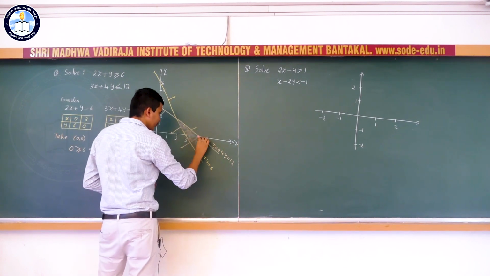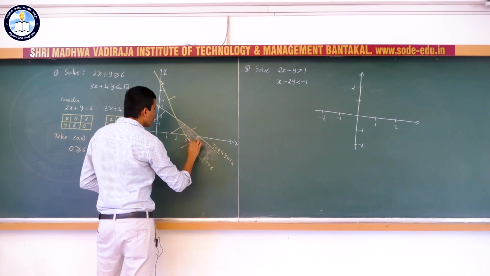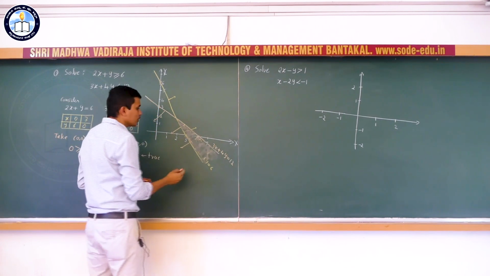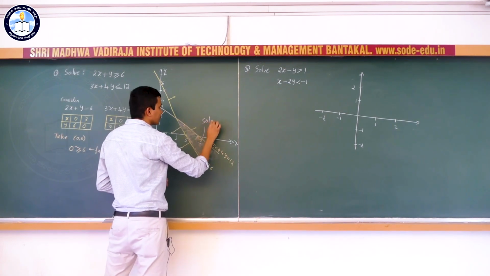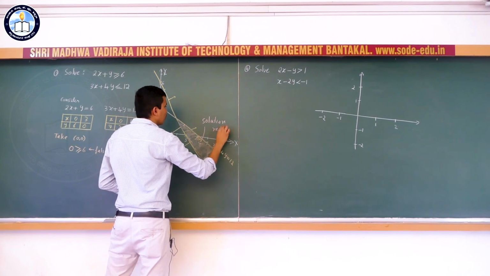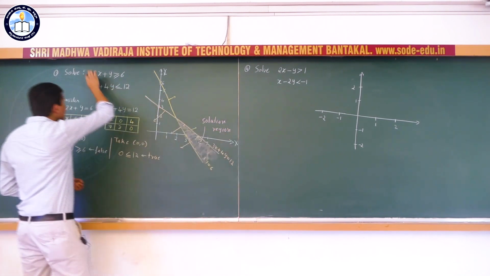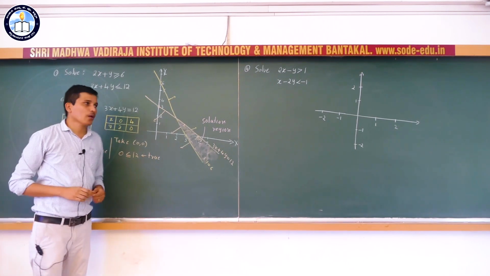Agreeing? So this one becomes your required solution region. So we are taking this one as the solution region for this system of linear inequalities, two variable linear inequalities, we are calling that.